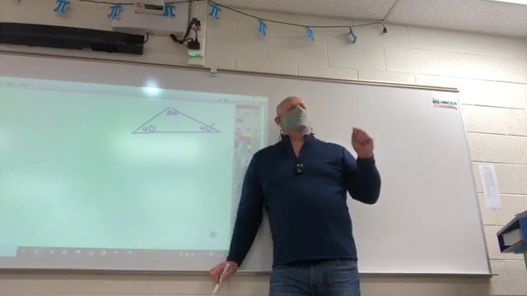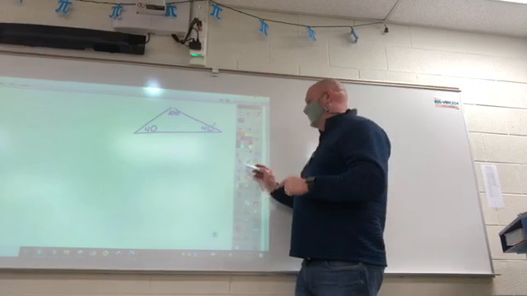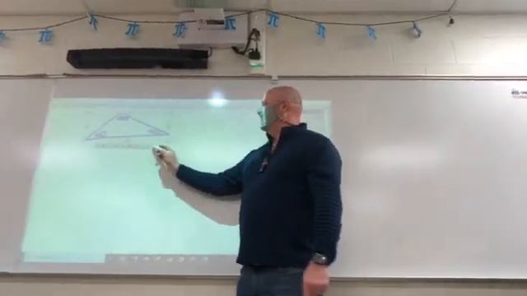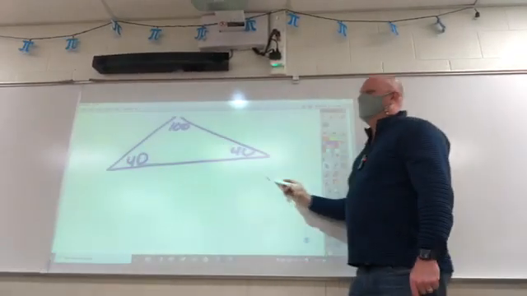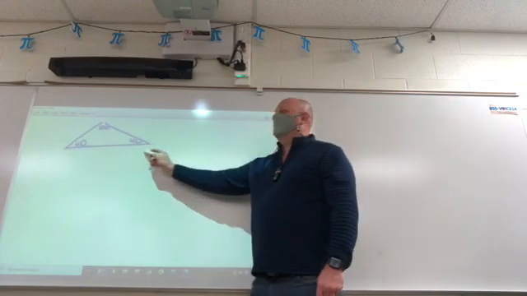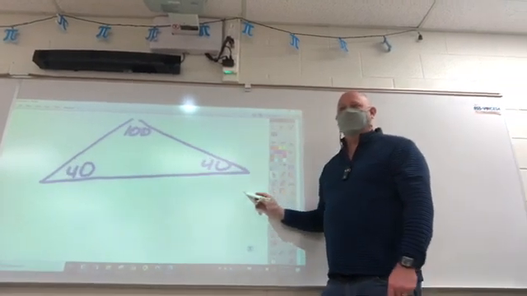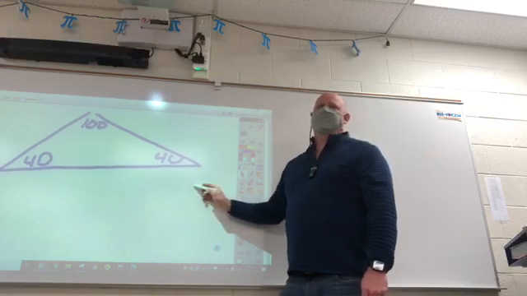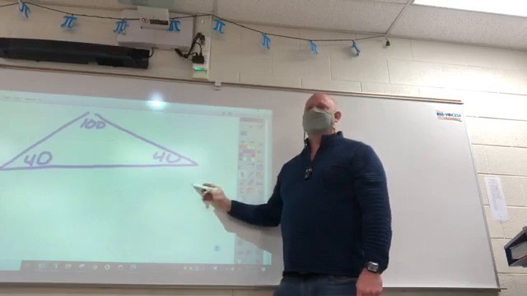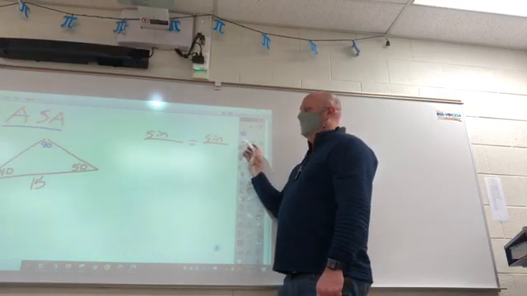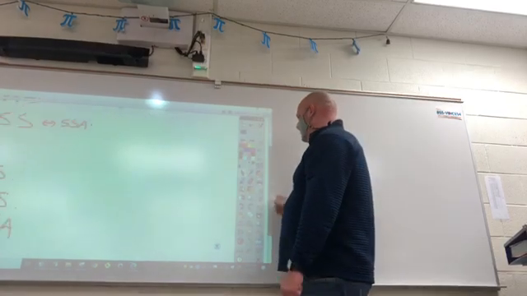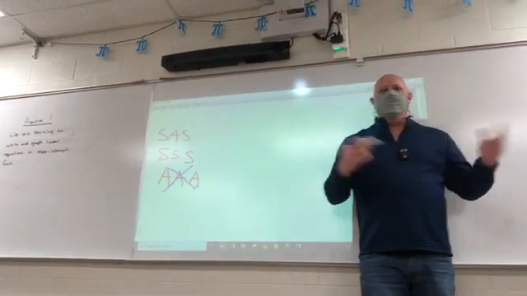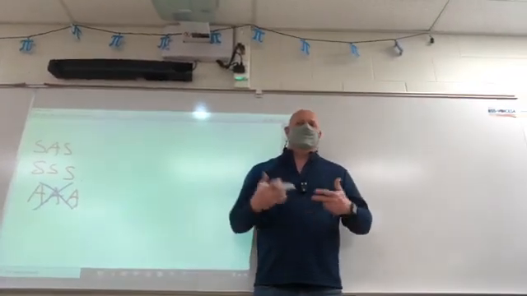Remember, the theorem angle, angle did not prove congruency. It proved similarity. Because I can make this triangle as big or small as I want, and I'm not changing the angle measurements, right? So, will I ever be able to find the side measurements? No. Angle, angle, angle is actually not solvable at all, because the only thing you can do with angle, angle is proportionality.